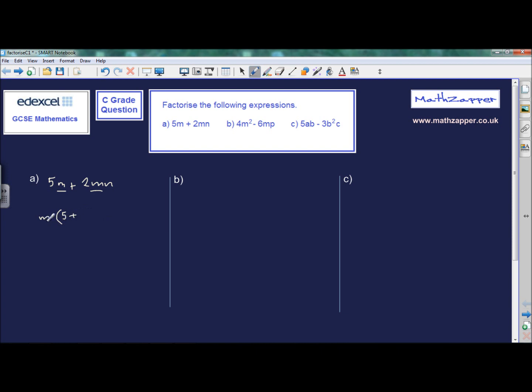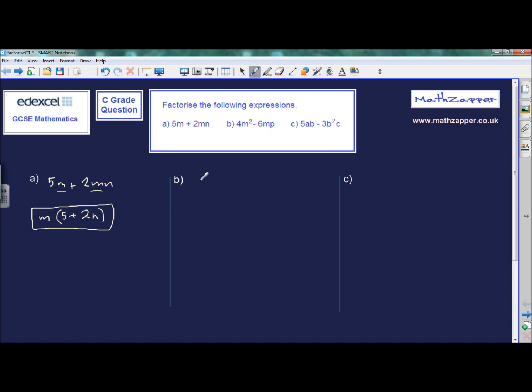We say, what do you multiply m by to get 2mn? Well, in this case it's just 2n. m multiplied by 2n is 2mn, and so the first one we factorise. We put brackets back in, and it's m multiplied by bracket 5 plus 2n bracket.